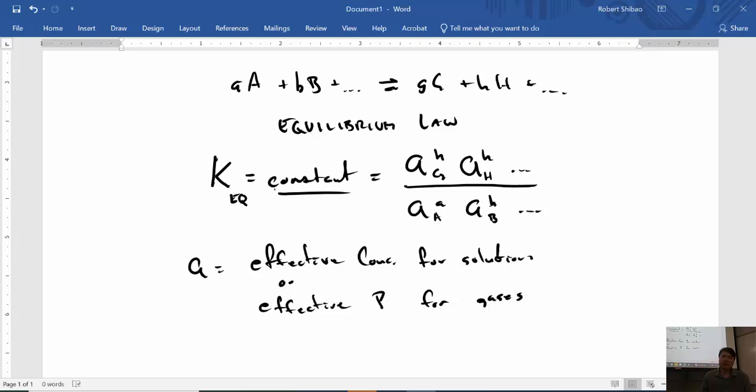When I talk about effective pressure, this is like what we call the real pressure, versus ideal.